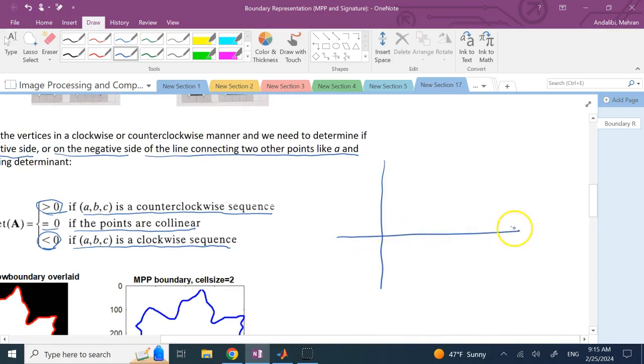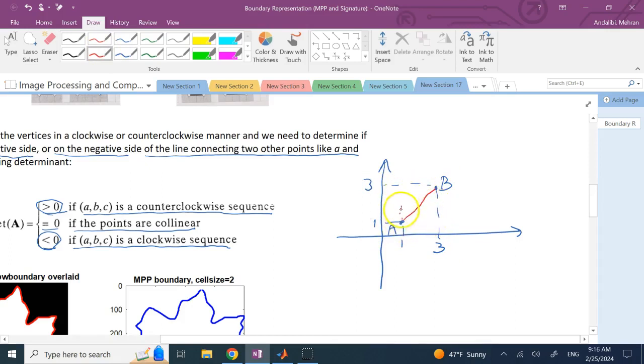So here, let's say we have this coordinate frame, and we go with 2 points, A and B. Let's say this one is (1, 1), and this one is (3, 3), right? So this is point A, this is point B. I connect them with a line, and here I consider several points.